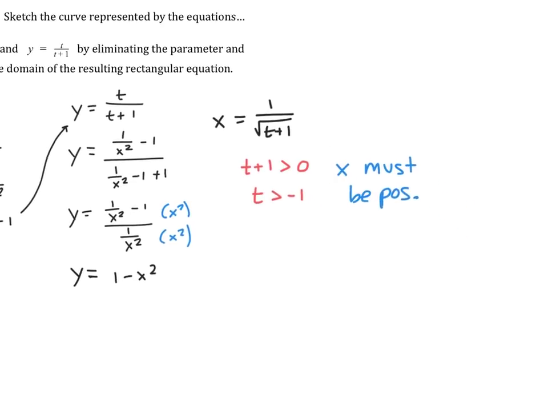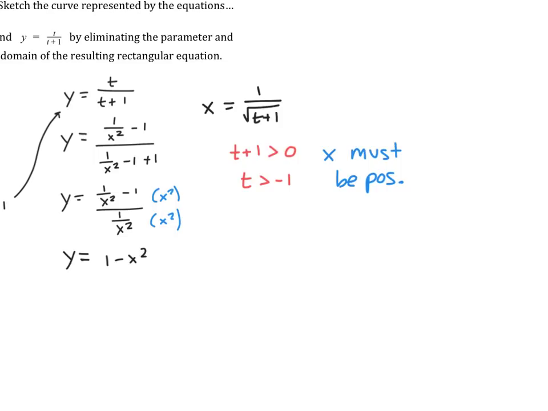So when I'm graphing this downward facing parabola, I'm going to use the domain restriction that x must be greater than 0. So let's do that. I have a vertex at 0, 1, although I don't actually have 0, 1 included in my graph, and then I just have a downward facing parabola. So this is just a really rough sketch.